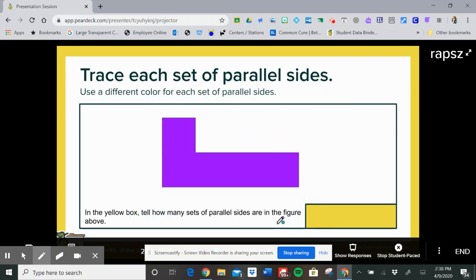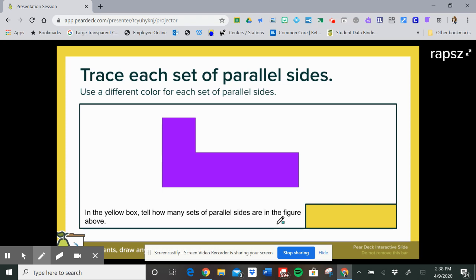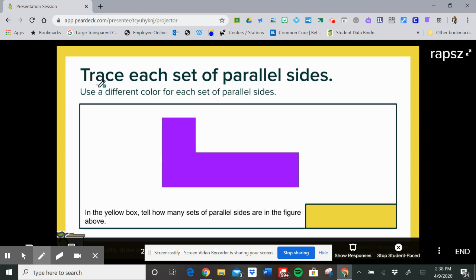The next one was a little trickier than I thought it was going to be. So most of you did not read these directions. There's that, and then in the yellow box, and a lot of you did all the same color here and left this blank. So what I would have preferred you to do, what I would have been delighted for you to do, is show the different sets of parallel sides.